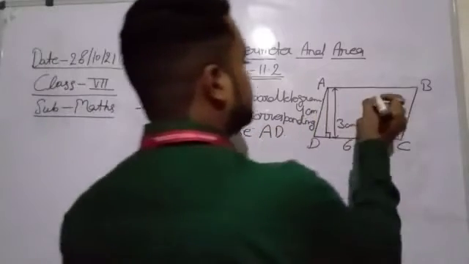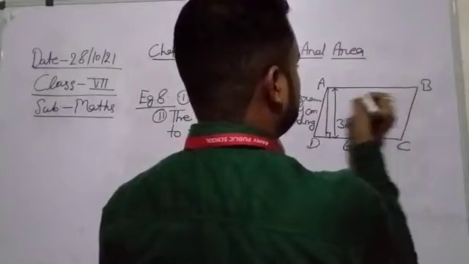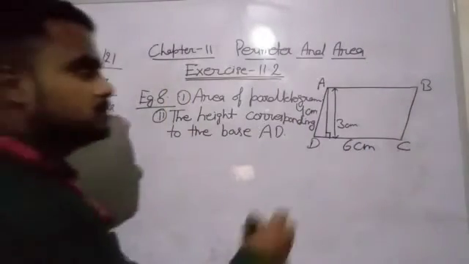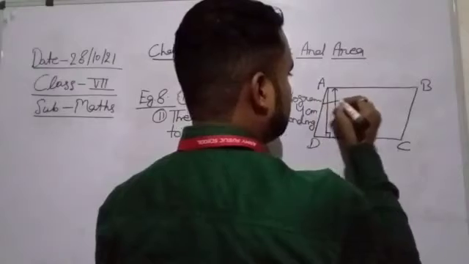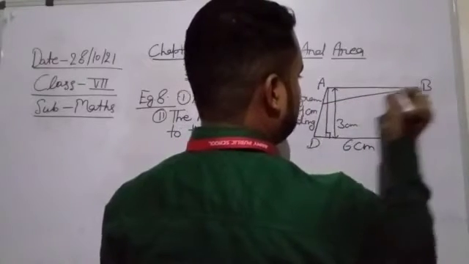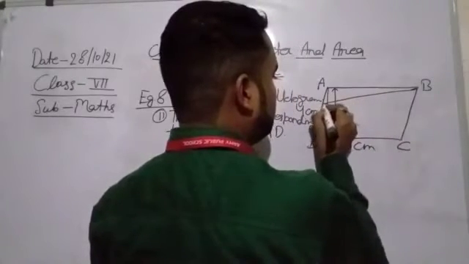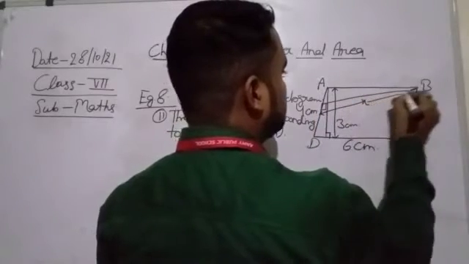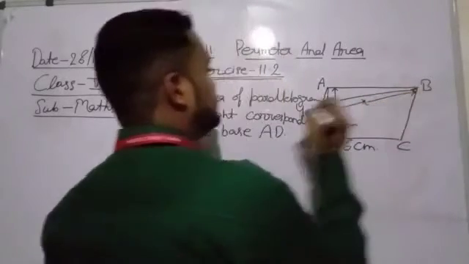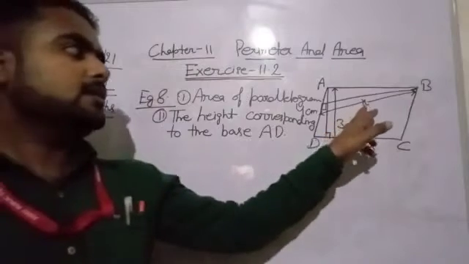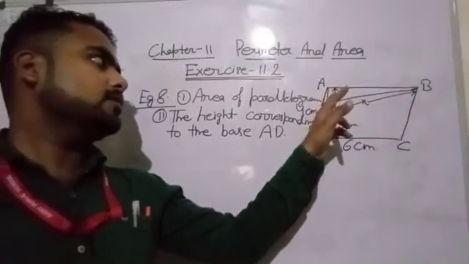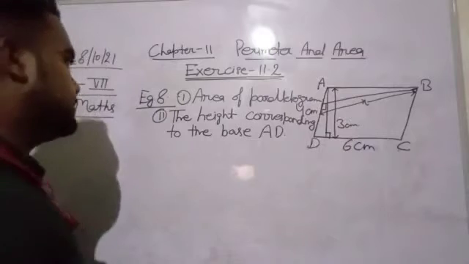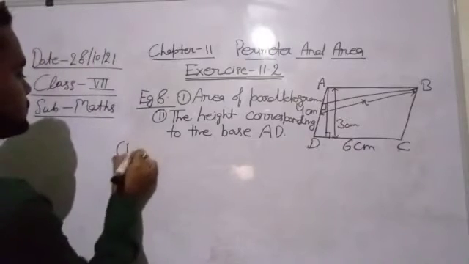We have to find this side, this height. Let this height be x. The height corresponding to base AD will be x.